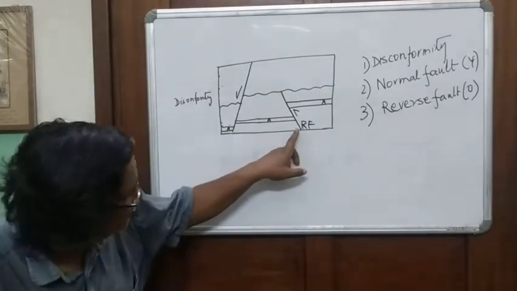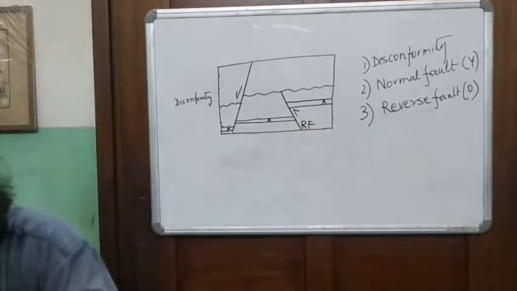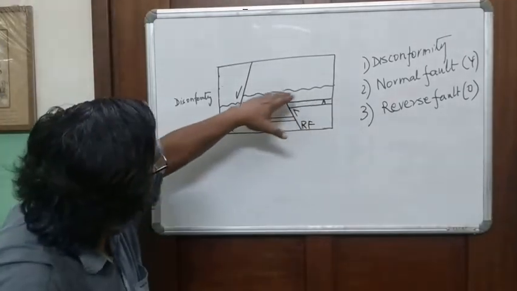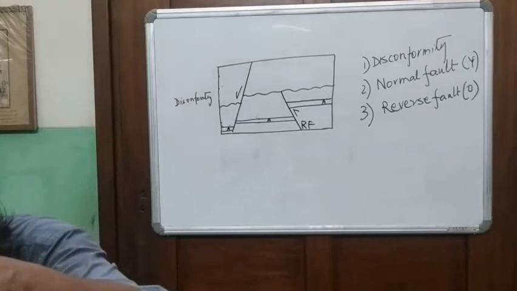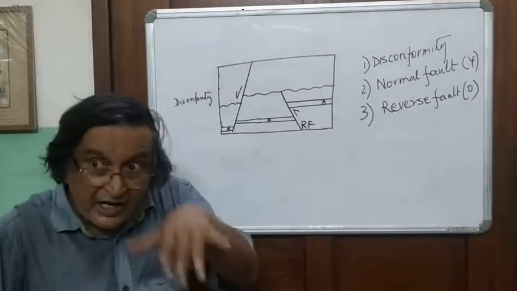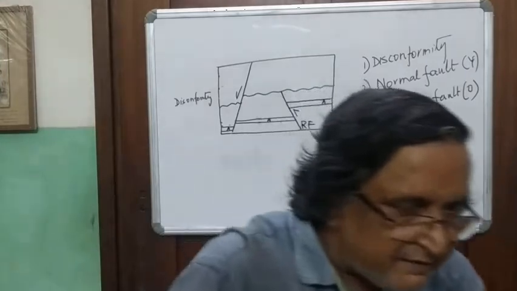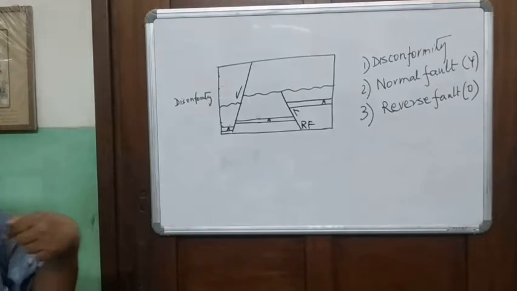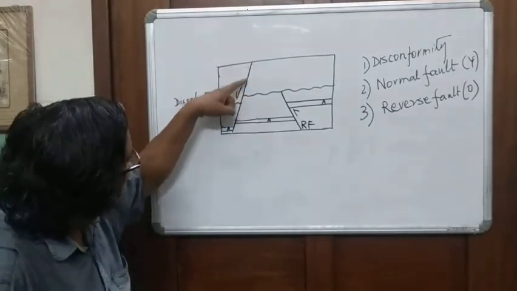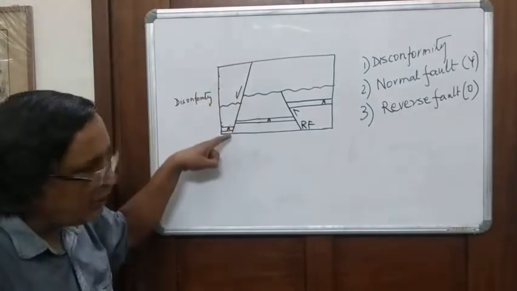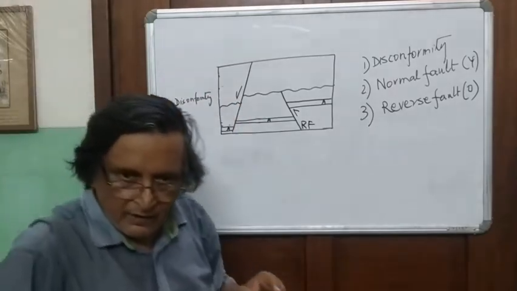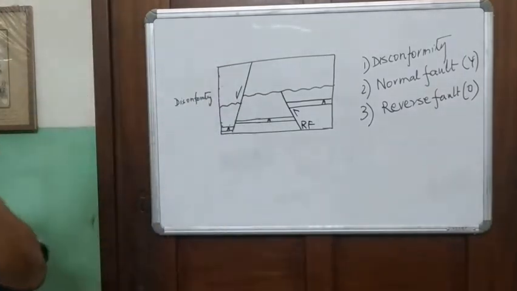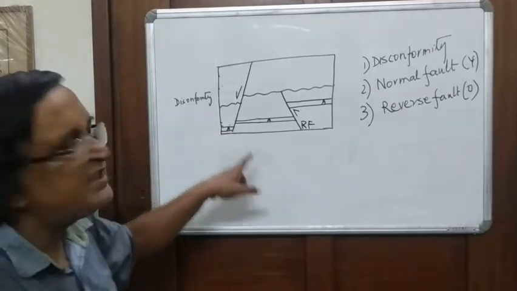A reverse fault is older. Why older? Because the fault is truncated by the disconformity. That means the reverse fault is older than the disconformity. And then you have a fault which faults the disconformity. That means it's younger. So now I have this situation.